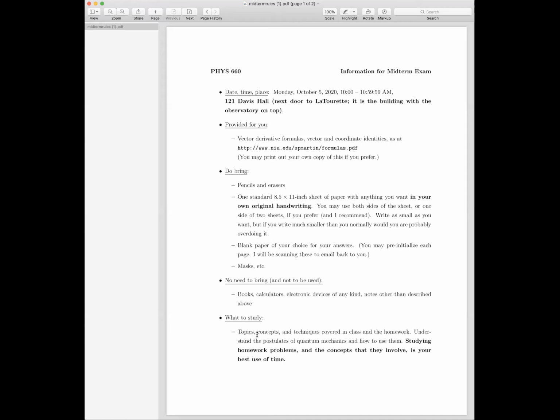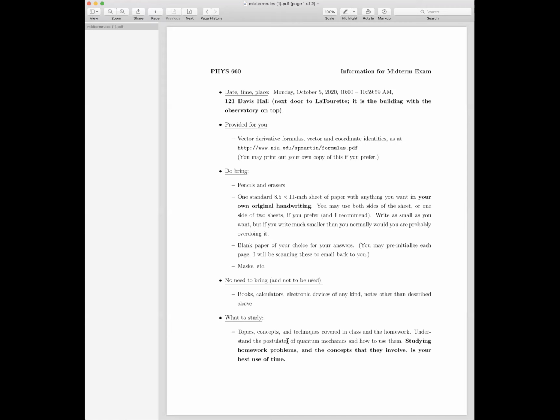If they excuse me, which they may, then I will be there. But if they don't, then I am required to be on a jury, and I will not be there on Monday. If that happens, I will make sure there is somebody there to proctor the exam. So that's just a warning that I may or may not actually be there myself, which is too bad because some of you I don't think I've ever met in person.